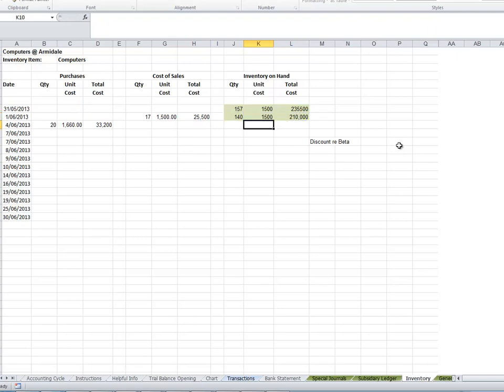But this time they will change. So how do we update this? Well, we go equals the opening balance we had plus any purchases minus any sales, but we're only doing one per line, so that's not an issue. Well, I guess I could put it in so it's the same everywhere. Righto, we do this.